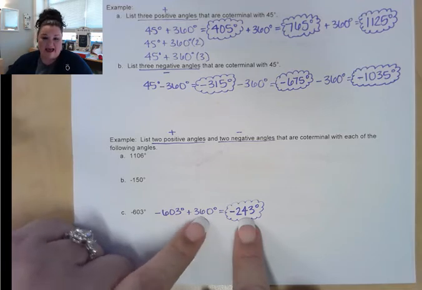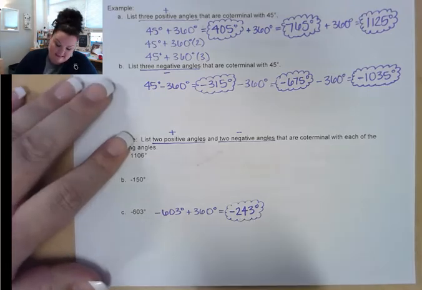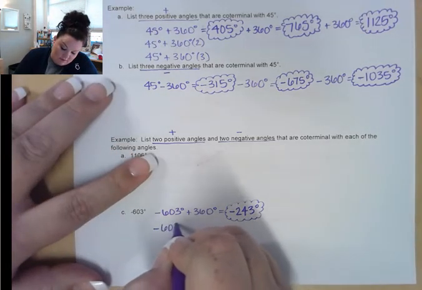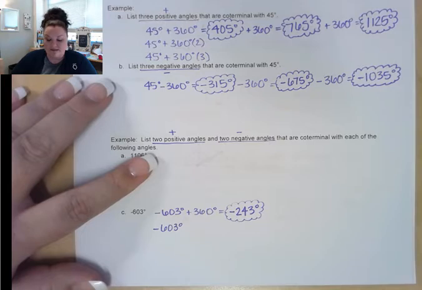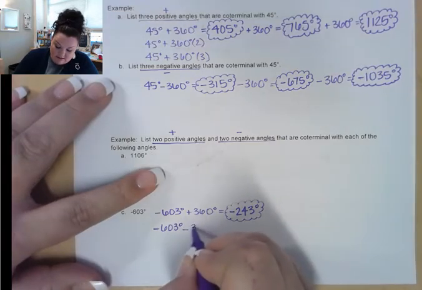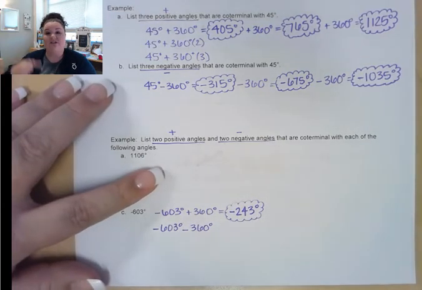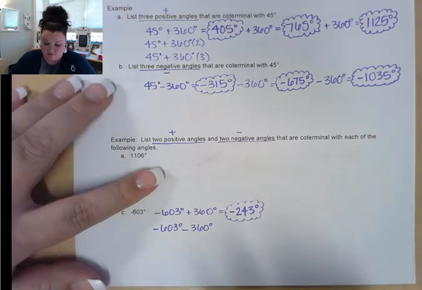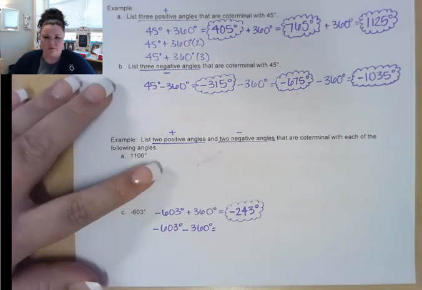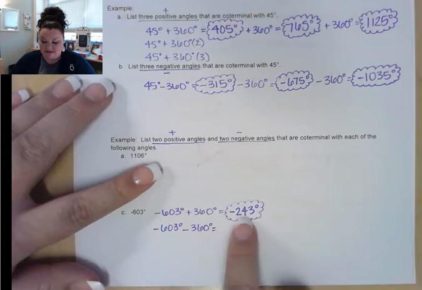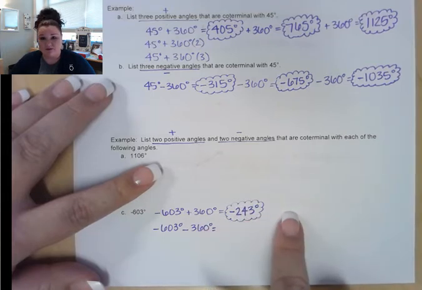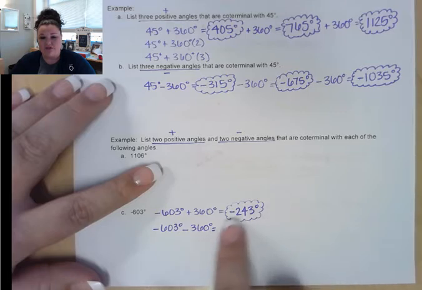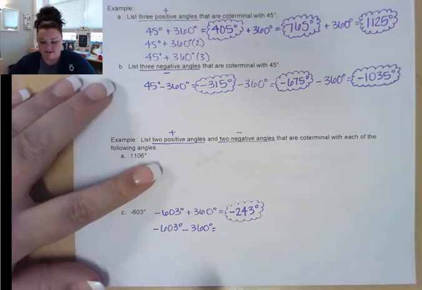So before I keep adding, I'm actually going to go ahead and take this negative 603 degrees, and I'm going to subtract 360 degrees just so that I get one more negative angle, right? Is everybody okay with why I'm doing that? Because if I add another 360 to this, that's going to give me a positive number, and I want to make sure I get 2 negative angles before I move on to the positive ones.